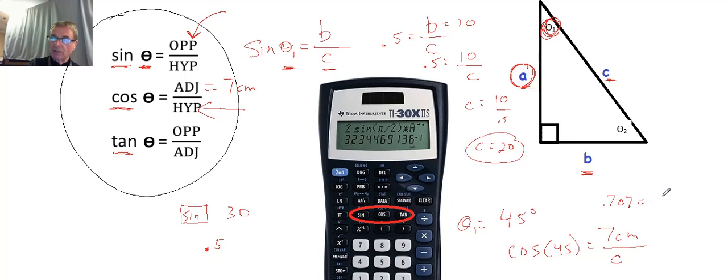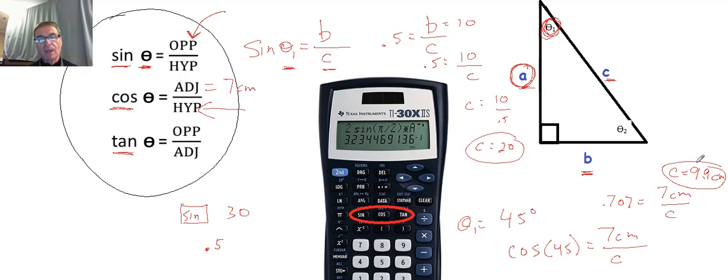So 0.707 is equal to 7 centimeters divided by C. If I divide 7 centimeters by 0.707, I get 9.9 centimeters. So C in this case would be equal to 9.9 centimeters.